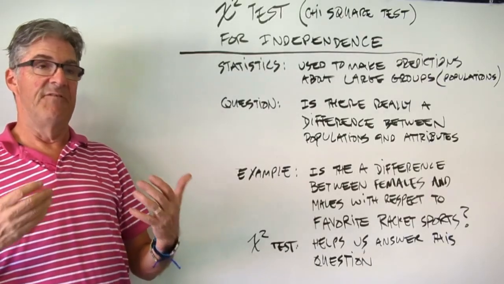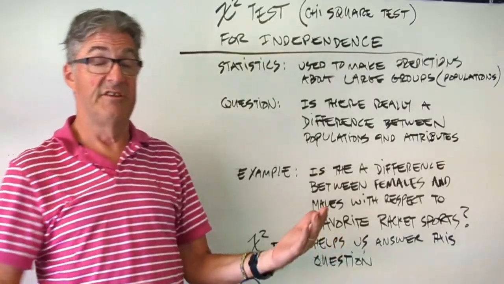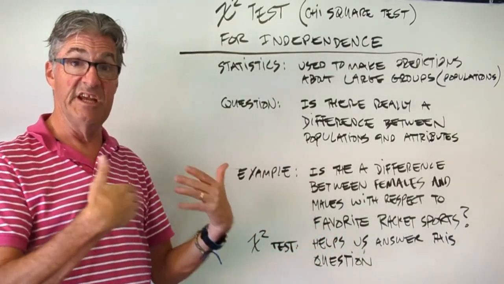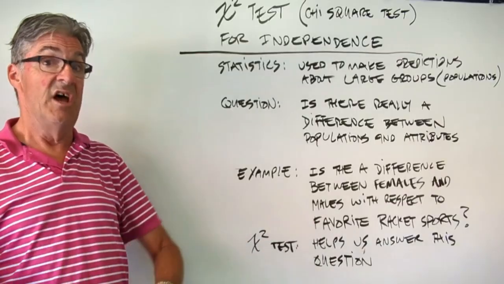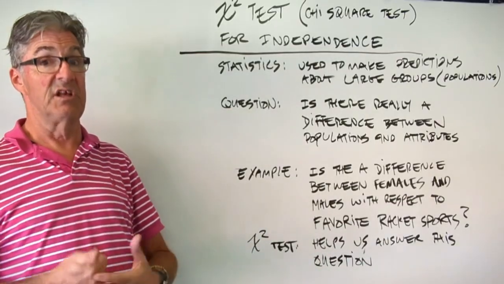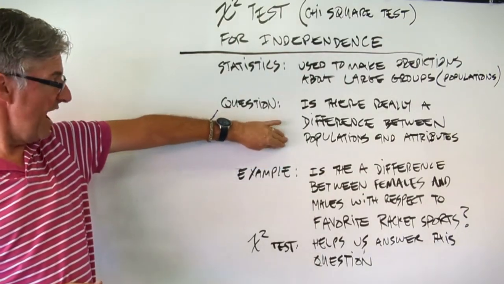In other words, if you ask a boy, do you like rap, it's a different likelihood than if you ask a girl if she likes rap. It would be a different likelihood of getting a yes to that question, in which case there would be a difference between boys and girls with respect to liking rap music. So that's the type of question that we can ask.